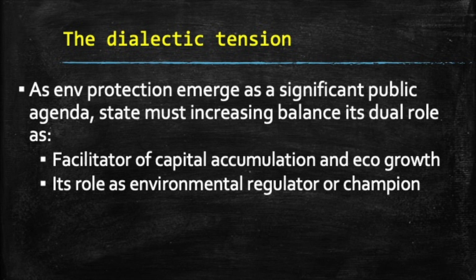As environmental protection emerges as a significant agenda in public debates, and awareness increases, the state must increasingly balance its role between two aspects. One, facilitator of capitalist accumulation and economic growth, and second, its role as an environmental regulator or environmental champion.